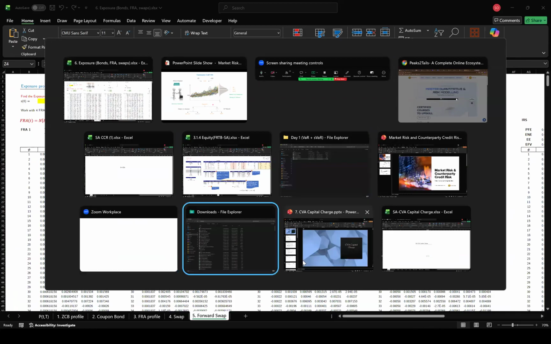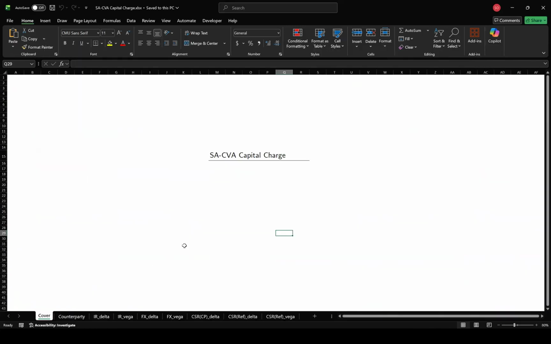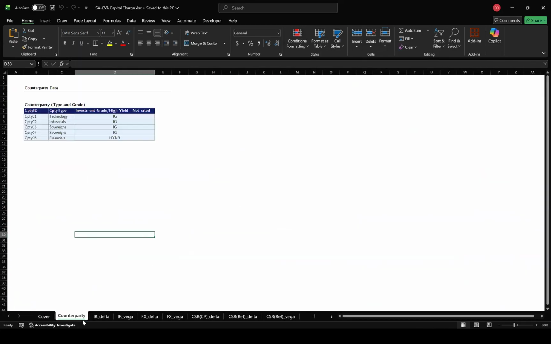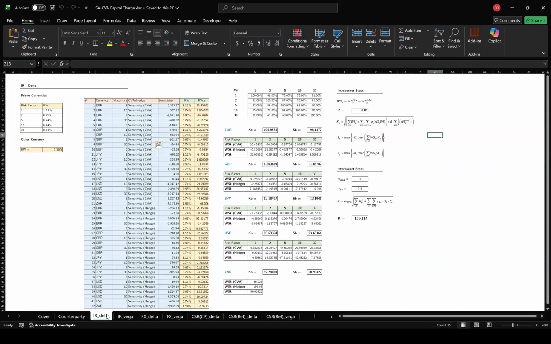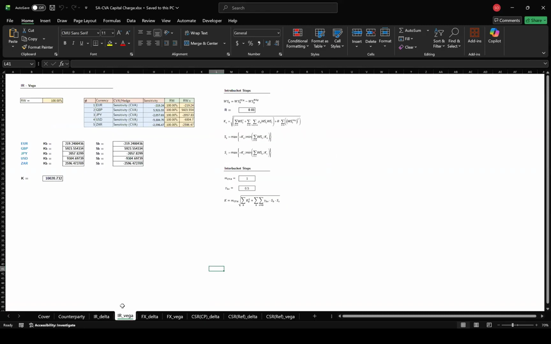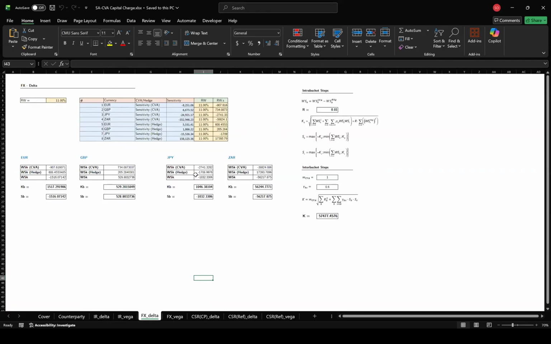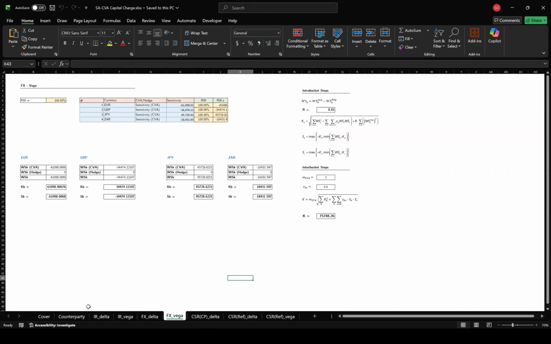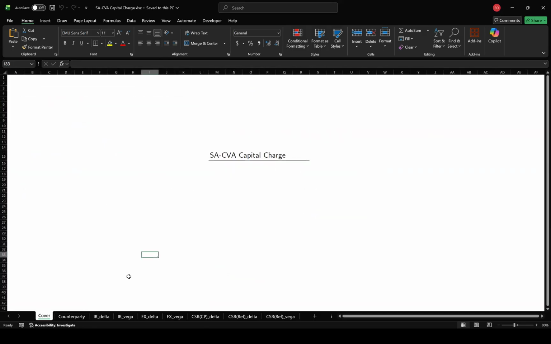So let me just show you. This is SA-CVA capital charge. Similarly, we have BA-CVA. So take a set of counterparties, then take a set of instruments and calculate your delta risk charge, vega risk charge, FX delta, FX vega, right? So this is part of the SA-CVA capital charge.